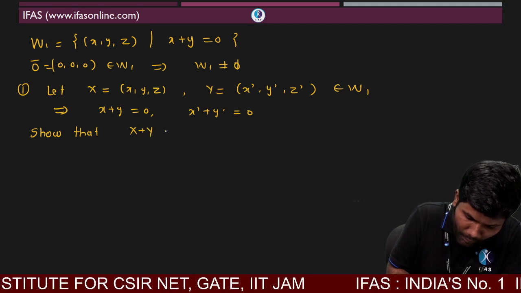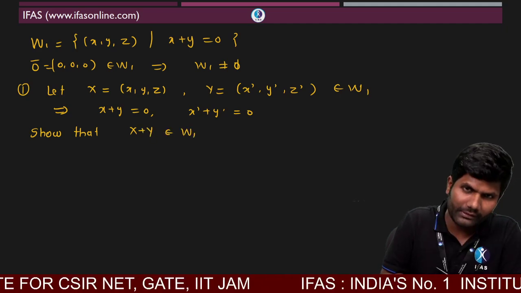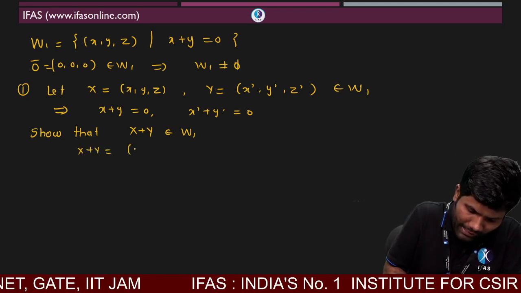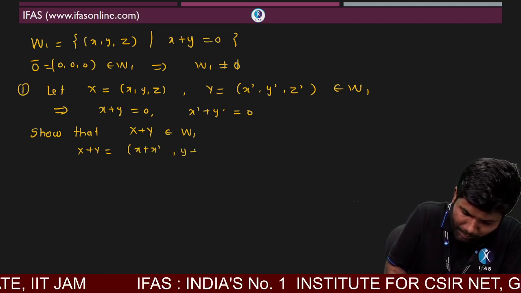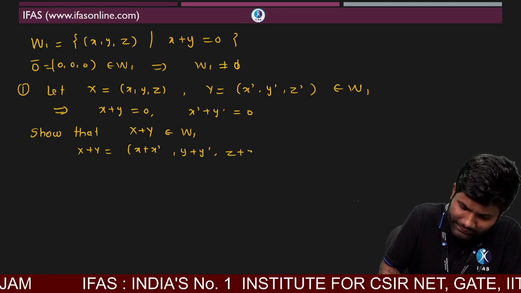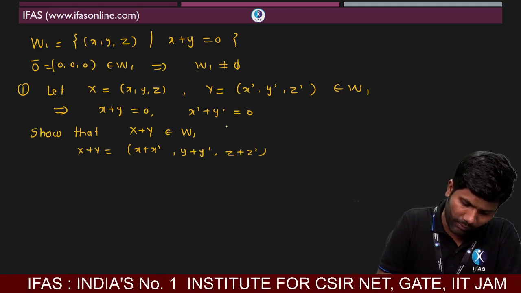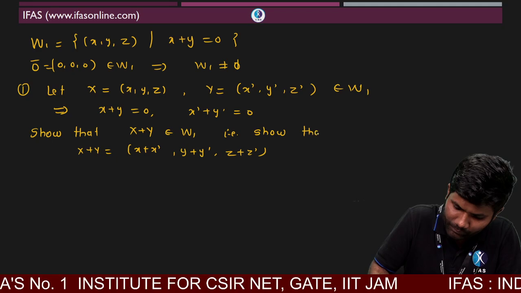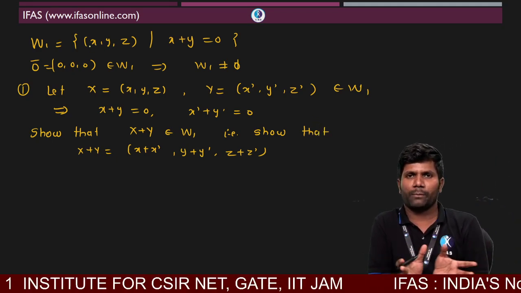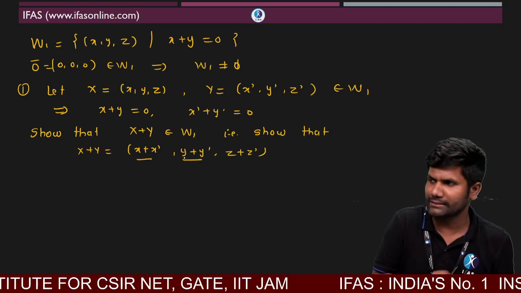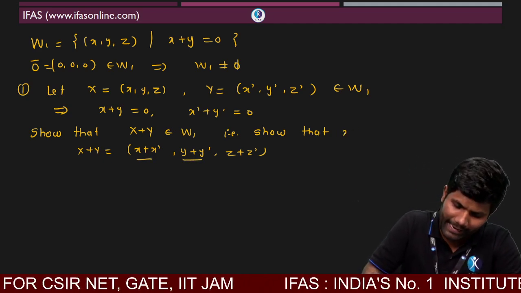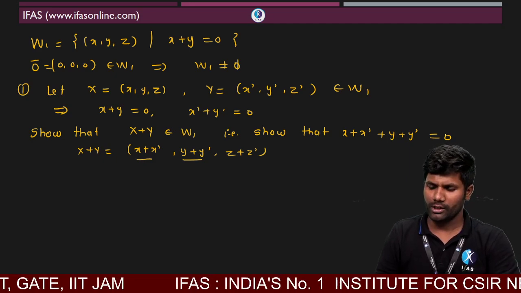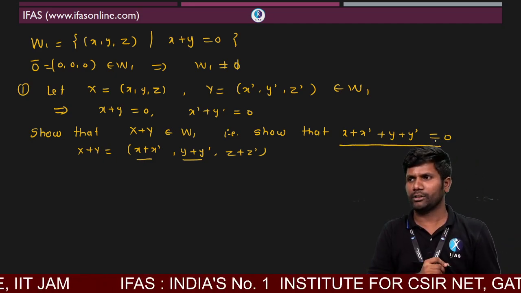Now we want to show that x plus y belongs to W1. What is x plus y? x plus y is equal to (x plus x', y plus y', z plus z'). For this, the addition of the first two entries should be equal to 0. So we have to show that x plus x' plus y plus y' is equal to 0. If we show this, then the first condition holds.